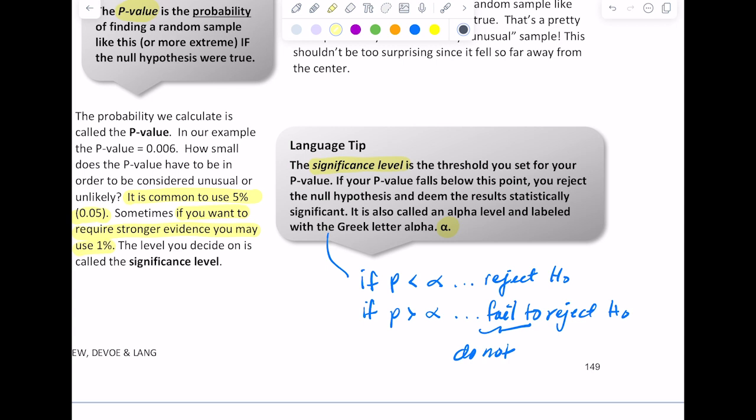For example, if you are testing the wings on a plane, you wouldn't want your alpha level to be high, like 5% or 10%, because you're trying to figure out, will these wings actually fly in the sky, or is the wing going to fall out? You would want your alpha level to be low, even lower than 1%, because you want to really be sure that these wings are going to have quality and keep the plane in the sky. So it depends on what it is you're trying to test.